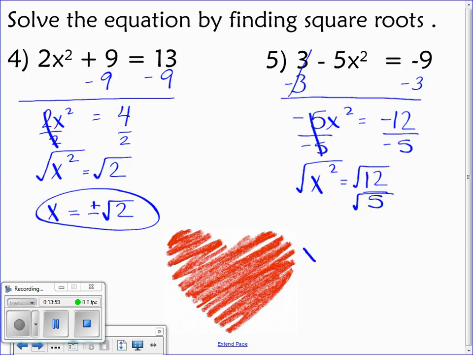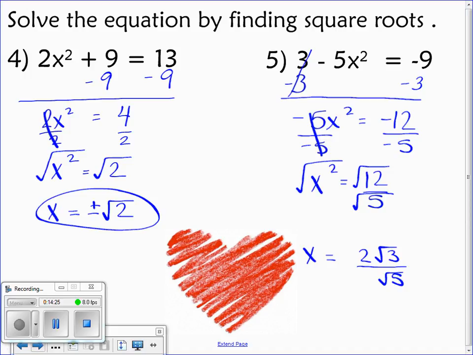So we get x equals, good, the top will become 2 radical 3, just 5. Where'd the radical go? Let's go one step at a time here. Good, that is right. The radical 12, if you do your factor tree, gives you 2 radical 3.